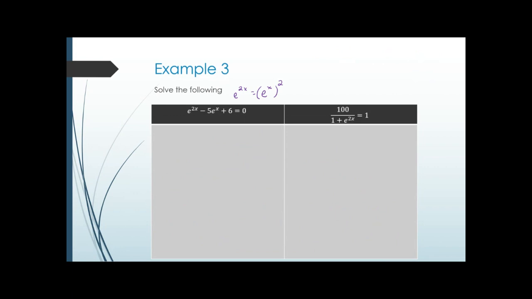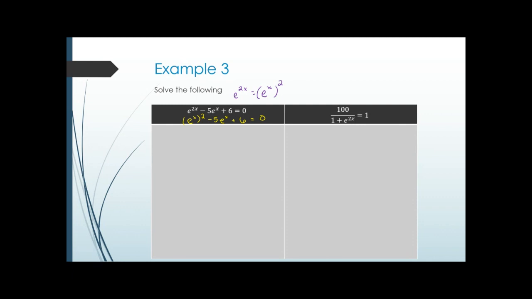So if you write it that way, you see we have a quadratic equation. Let me switch colors here. Because then we have e to the x squared minus 5e to the x plus 6 equals 0. And it's quadratic in form.